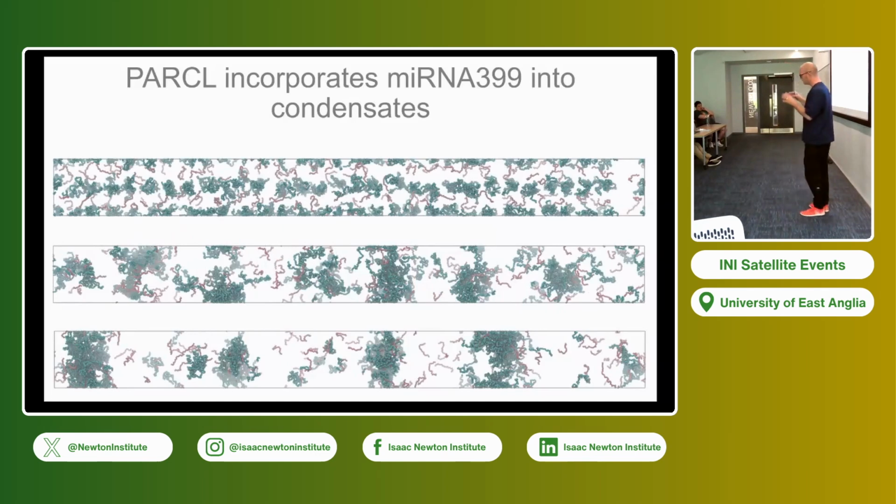Before we go on to over-interpret that, another check that we can do is note this protein, PARCEL, binds to another molecule, a microRNA, and we know where it binds. So we can throw this microRNA into the system, do all the simulations that phase separate some bits in, some bits out, and then use this to verify whether this interaction idea makes any sense or not.